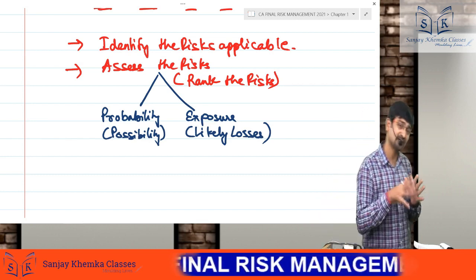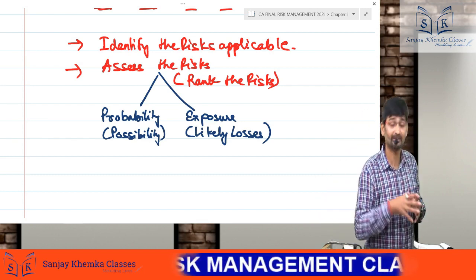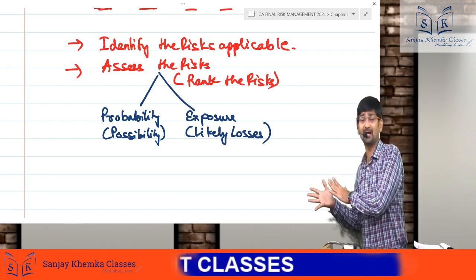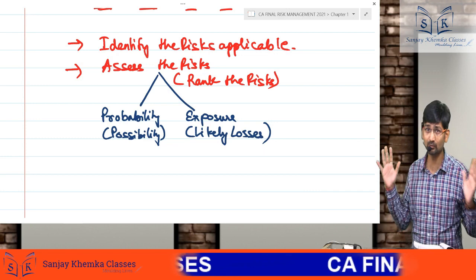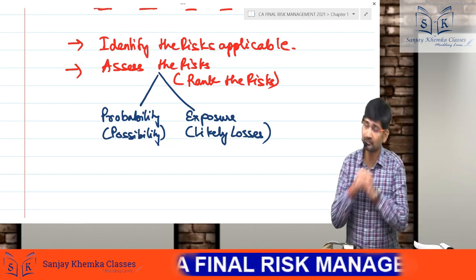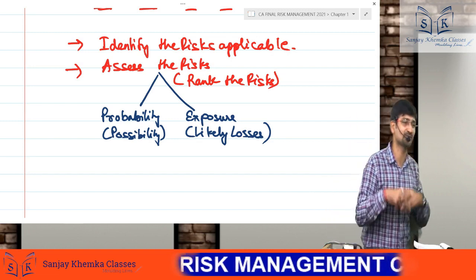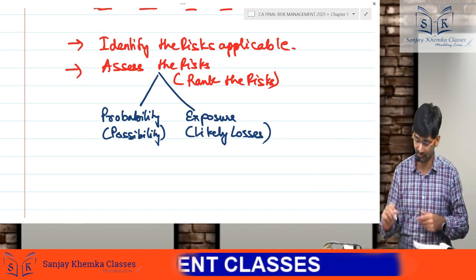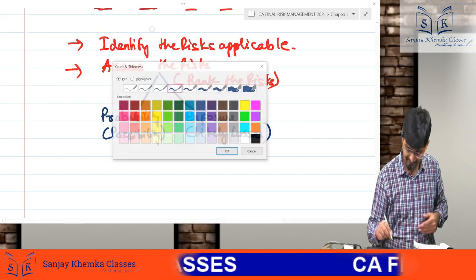So for some risks, the probability may be lower but the exposures may be higher. Or the flip side, for certain risks the probability may be high and the exposures lower. So we need to consider both the probabilities and the exposures, and then assess the risk and decide what risks are more important, what risks are less important for us. That's how you do assessment of the risks.